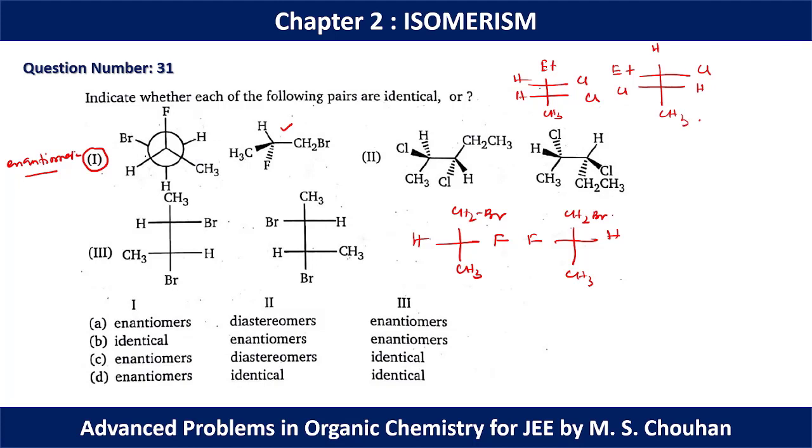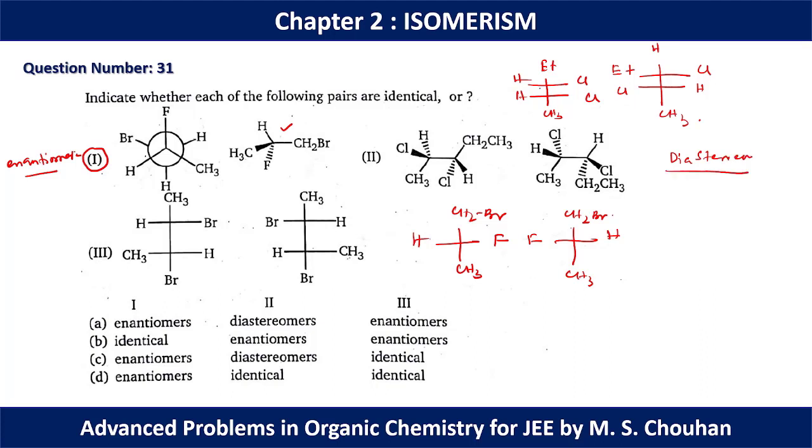Okay, so thing is that there is no mirror image relationship between these molecules, but the linkages are same. That's why they are diastereomeric in nature. So the second molecule is diastereomer.